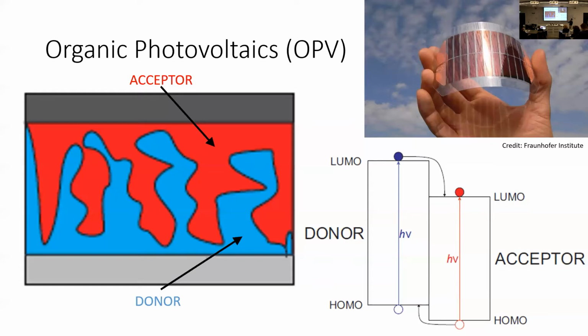When they absorb light, you get not a free electron and a free hole, but rather they're bound together in what's called an exciton. And in order to split that exciton and get those charges out, you need to have an interface between two dissimilar materials, which is why you need two materials at what's called a heterojunction.